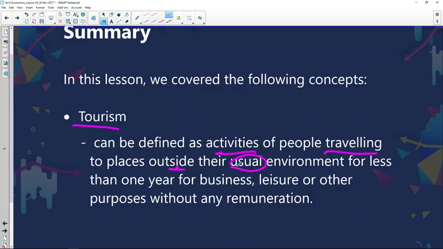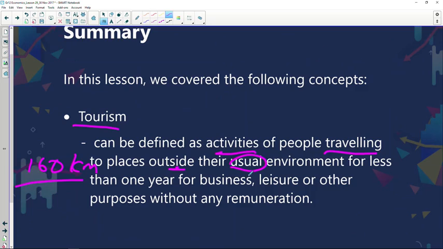You can't say you've traveled from the gate of your house or to the main part of the house. You can't say you're a tourist because the kilometers that are involved there is about 160 kilometers. And also you have to spend at least a minimum of 1 night and a maximum of 1 year in order for you to be considered a tourist.